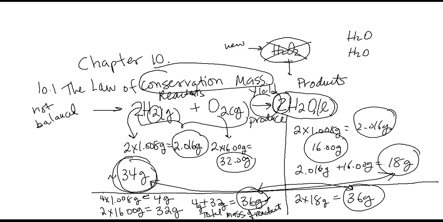And that's why you balance chemical equations, to comply with what's called the conservation of mass law. One of the fundamental laws of nature is that if you start with a certain number of grams of reactants, you must finish, guys, with the same number of grams of products. And that's why you need to balance chemical equations.